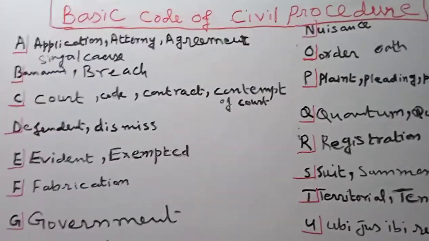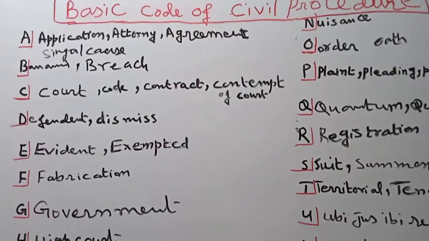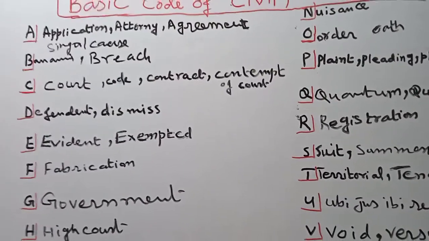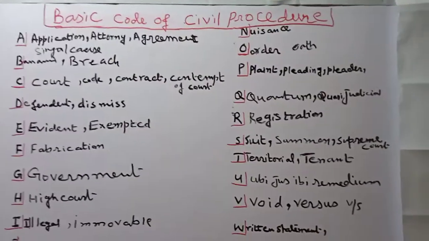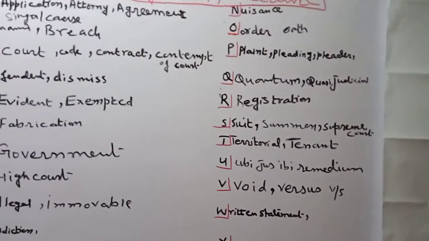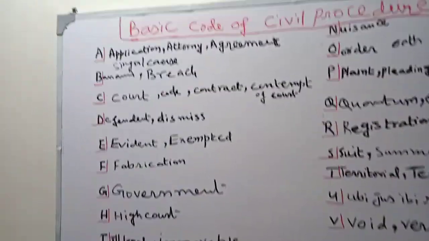And an advocate who has a job in court is called attorney. Agreement. Agreement means two people agree on something, or two parties agree on something, is called agreement.